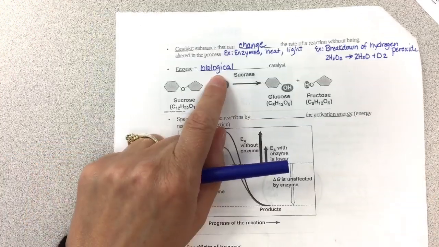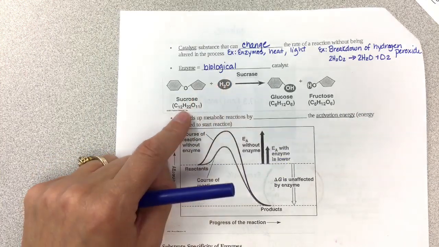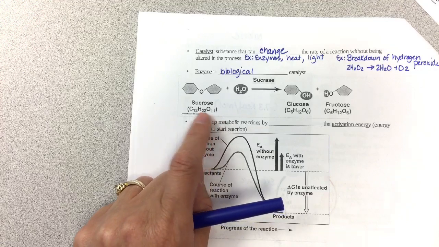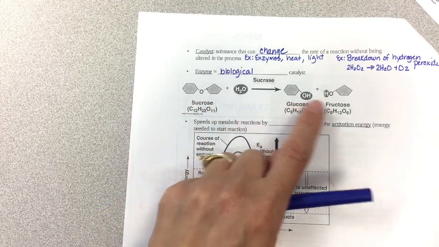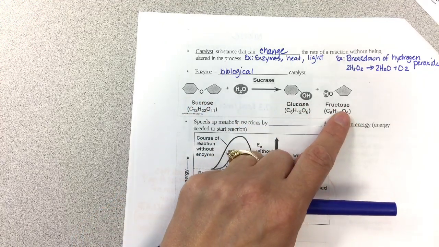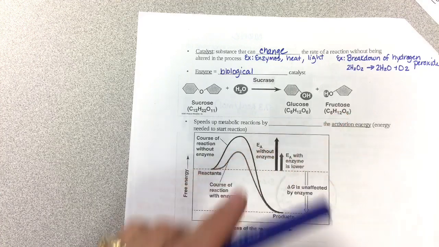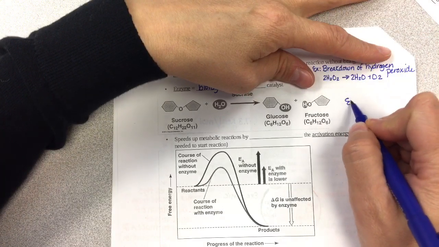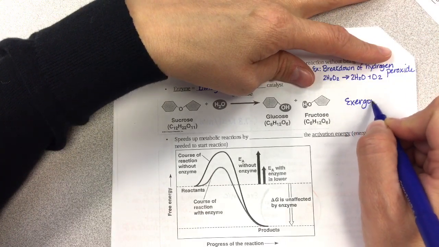We're going to talk about enzymes, though. We have sucrose here as an example, and we went through this in class: sucrose breaks down into glucose and fructose. Do you remember if this is an exergonic or endergonic reaction? This is an exergonic reaction, so it's going to release energy, right?